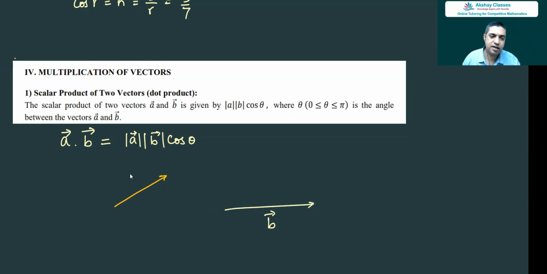This is vector A and this is vector B. What we do, we make them co-initial vectors.